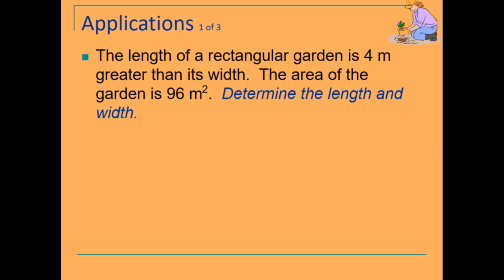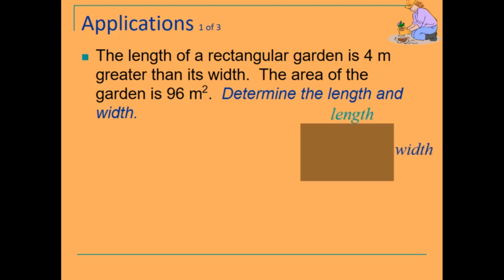Here's an application from geometry. It states the length of a rectangular garden is 4 meters greater than its width. The area of the garden is 96 meters squared, and they're asking us to determine the length and the width. So here we have our rectangular garden.